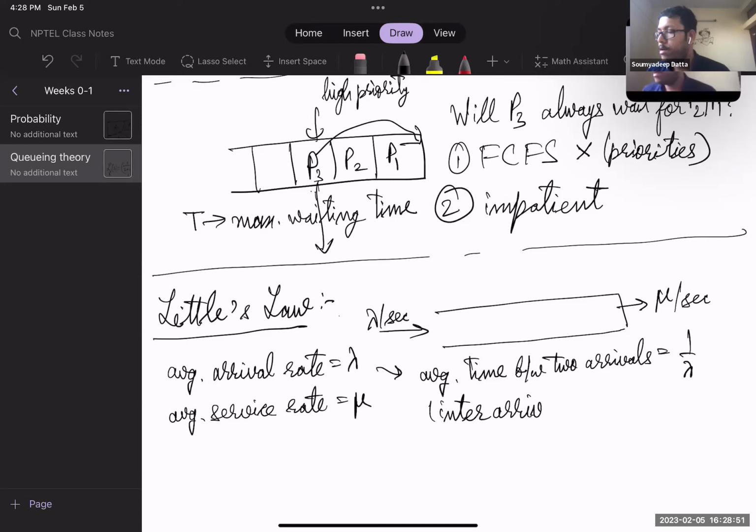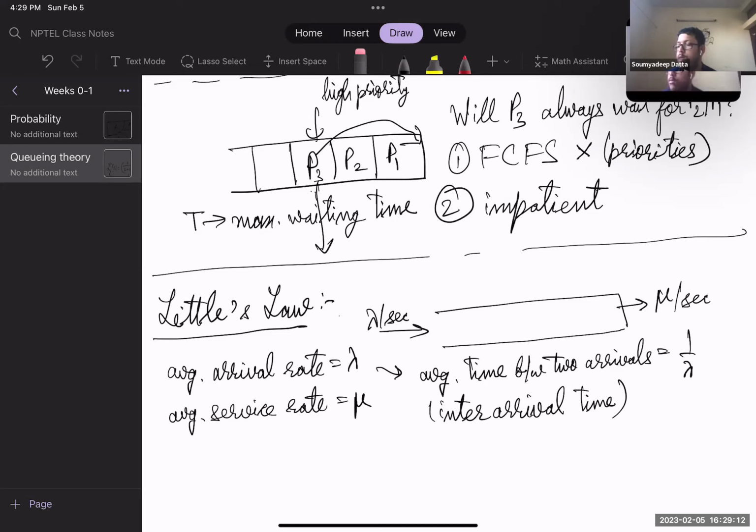So in your problem, you can be given something like, let's say, a passenger comes to the bus stop every 2 seconds.